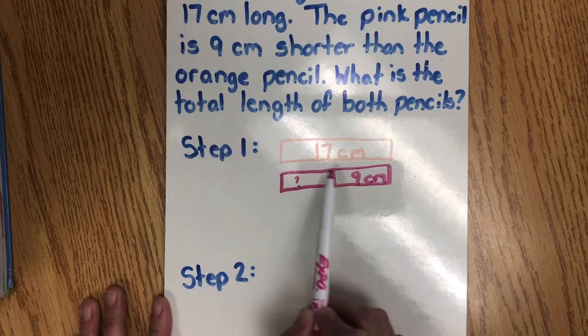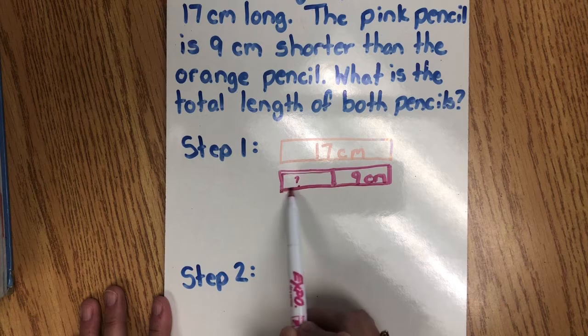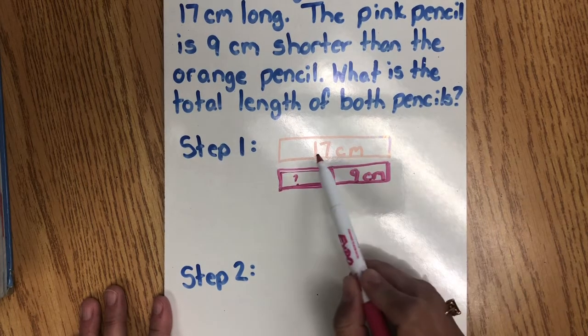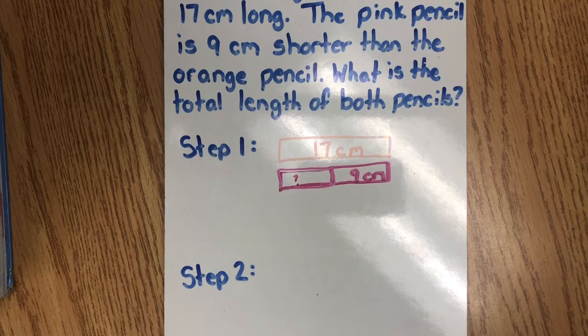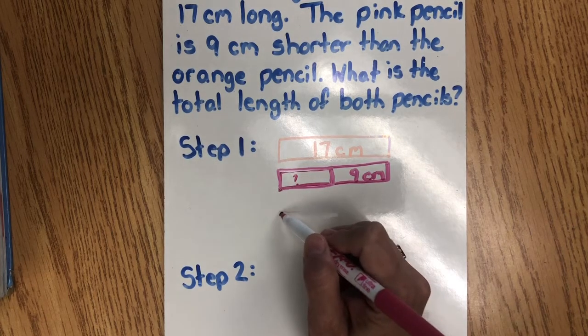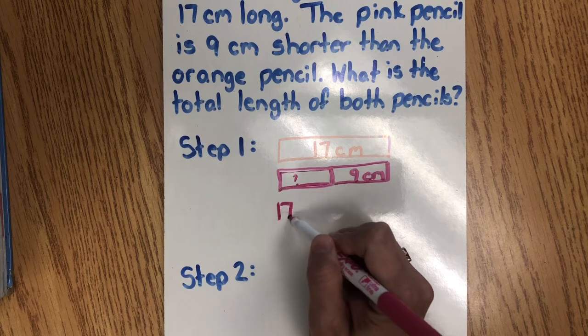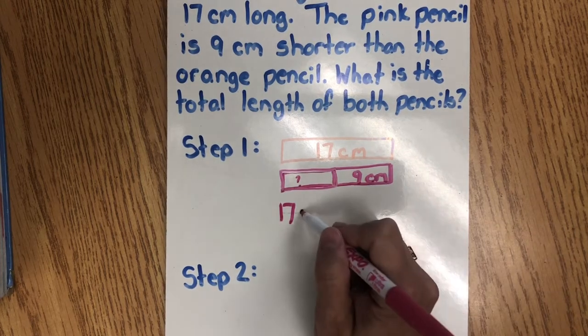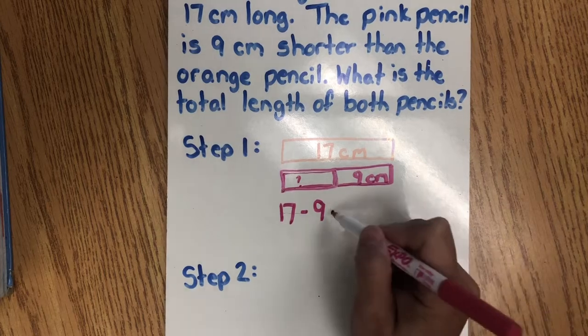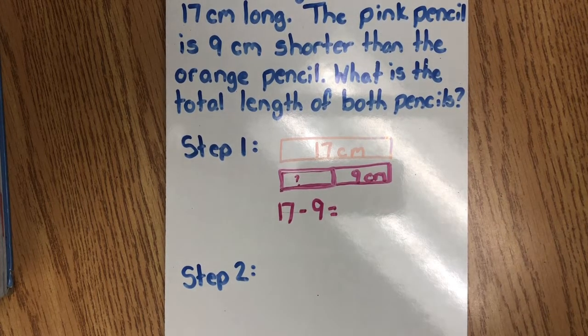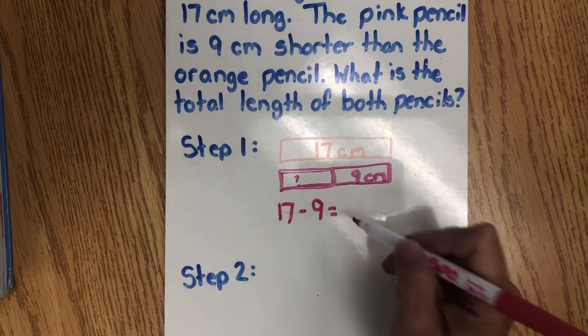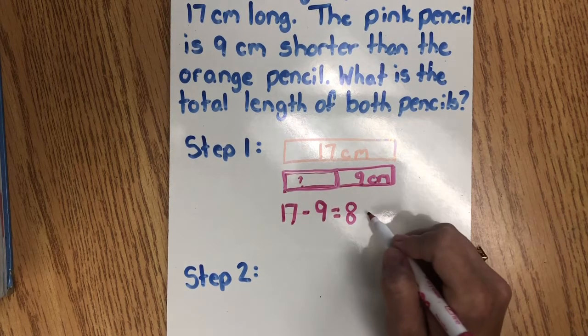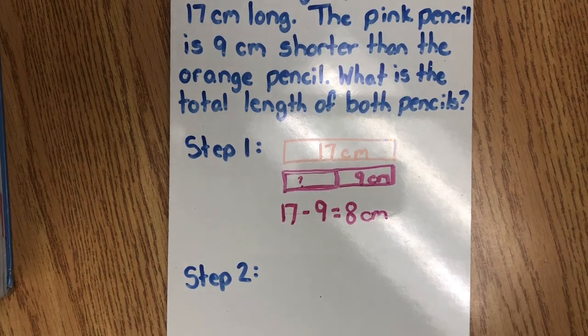How will we figure out the length of the pink pencil if we know it's 9 centimeters shorter than 17? Go ahead and write an equation that will help you solve. I know that the orange pencil is 17 centimeters. I know that the pink pencil is 9 centimeters shorter than that. So 17 minus 9, that's equal to 8. 8 centimeters. So I know that the pink pencil is 8 centimeters.